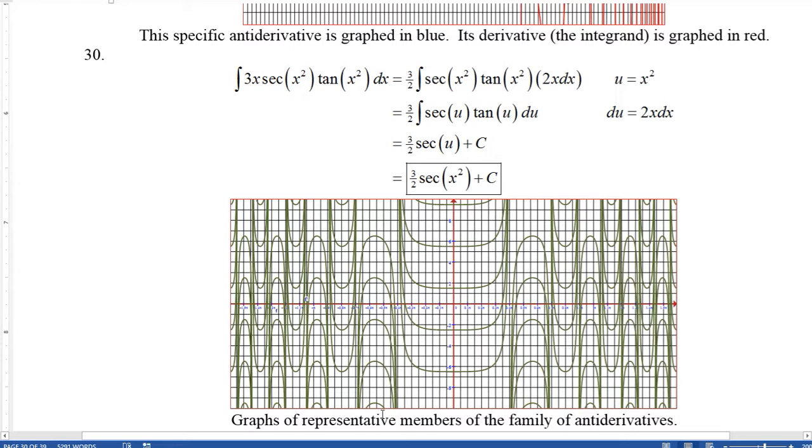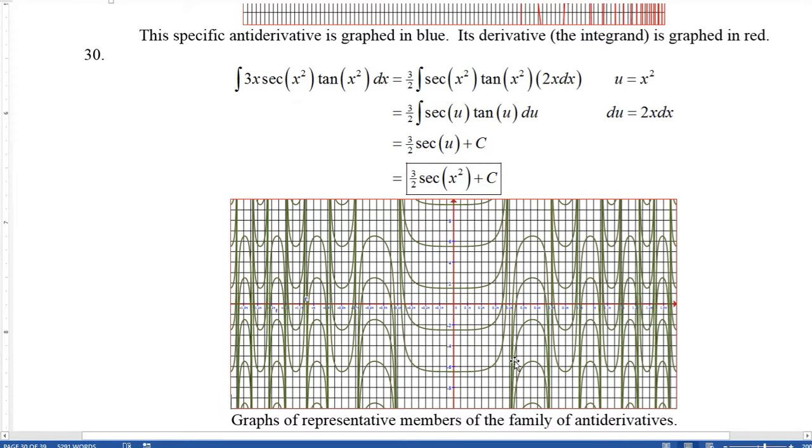So you can see certain graphs of the function there. That's for certain values of c, and so you get this family of functions, all of which have the same derivative, and the derivative being what we started with, 3x secant of x squared times tangent of x squared. And the function we're looking for, the family of antiderivatives, are these green graphs.